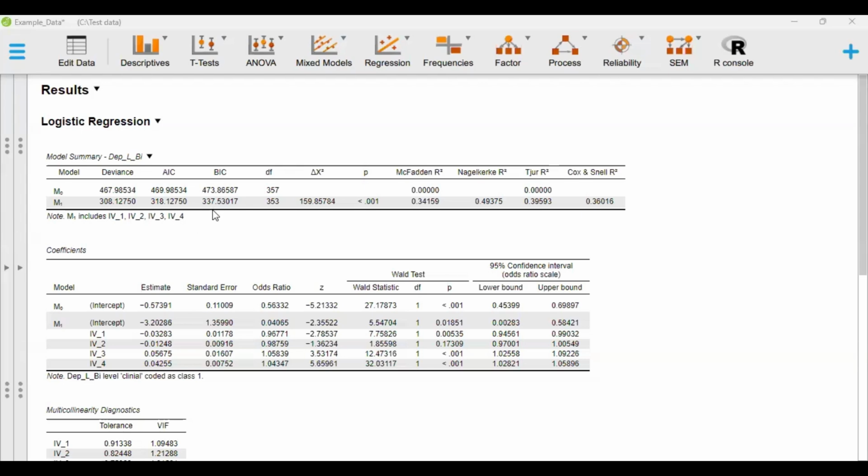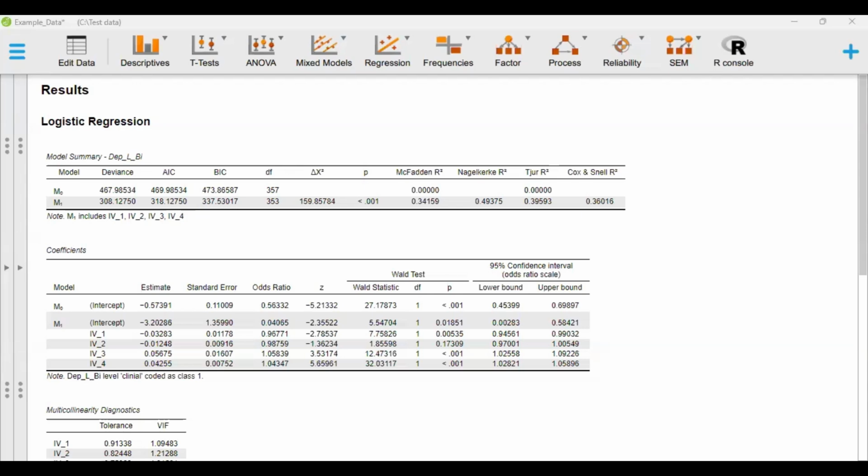For example, if you run another model removing some of your predictors, like keeping some of the strongest predictors and removing the weak ones, and then you want to compare the fit of these two models, the one with lower AIC or BIC is the better fit, because the lower they are, the better for a model. But in a single model, they may not be very informative because there's nothing to compare with.